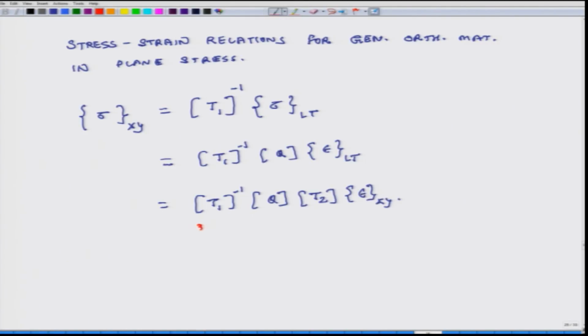This is a 3 by 3 matrix, this is a 3 by 3 matrix, and this is a 3 by 3 matrix. So, all these three matrices can be multiplied together and I call that a Q bar matrix, which will also be a 3 by 3 matrix.